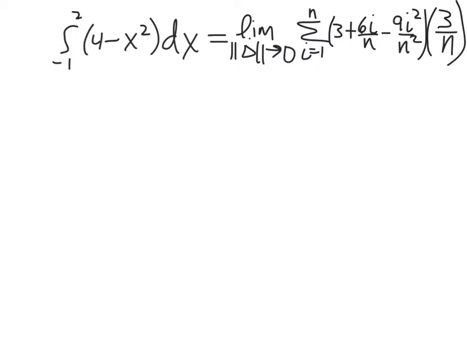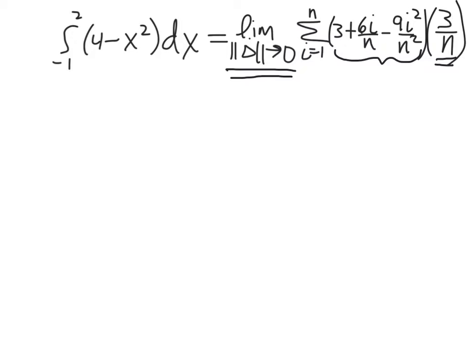And today we'll see how we work with the limit: the limit as the mesh approaches 0 of the summation of f of c sub i, which we calculated to be this, times delta x sub i. We allowed delta x to be the same for all of our intervals, so we just need the 3 over n to represent that.